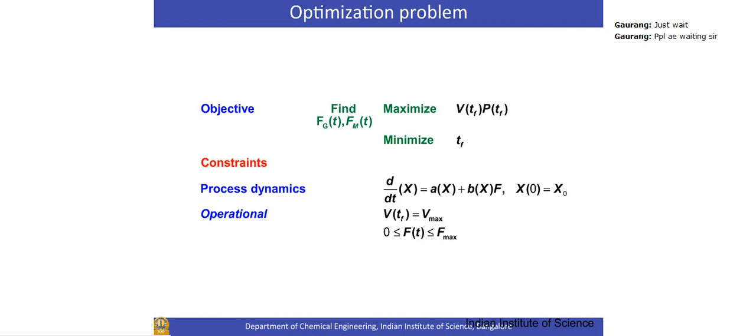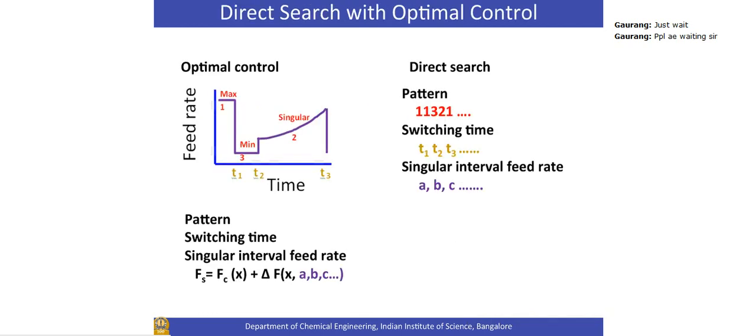Say that I want to maximize the protein amount while minimizing the time, and I'm going to achieve this by finding the appropriate feed rates of glycerol and methanol. These are my constraints. Those dynamic mass balances that I wrote, I can write them in compact form, and this is my mass balance, fermenter capacity, and pumping capacity equation.